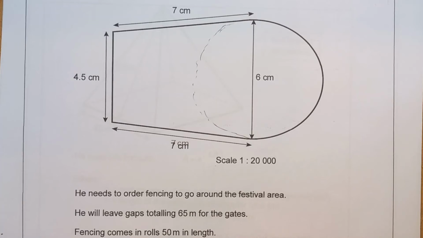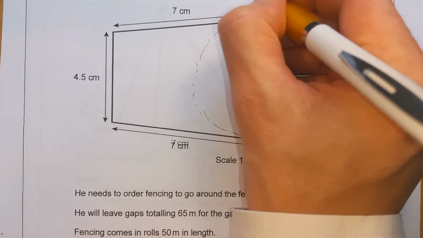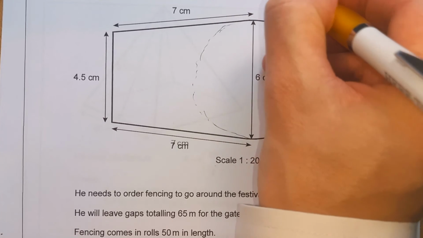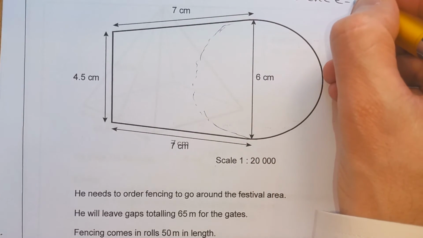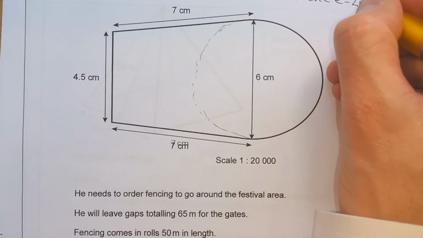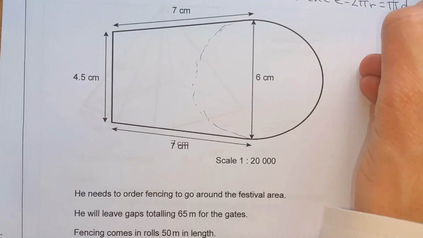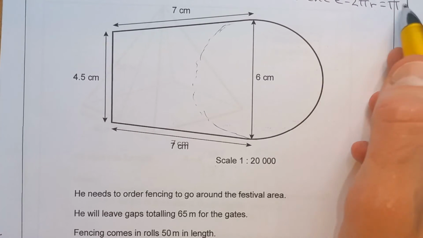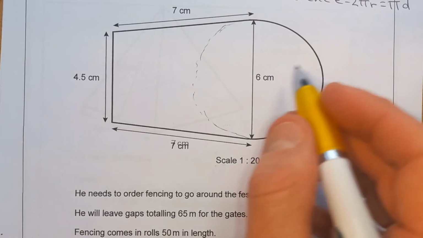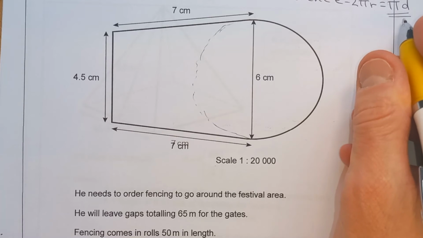And I know the circumference of a circle, so the perimeter of a circle, is 2 pi r, or you can think of it as pi d. Basically 2r, 2 times the radius, is the same as diameter. So whichever one you want to use. Now for this, because we know the diameter, it's probably easier to use this version of it.